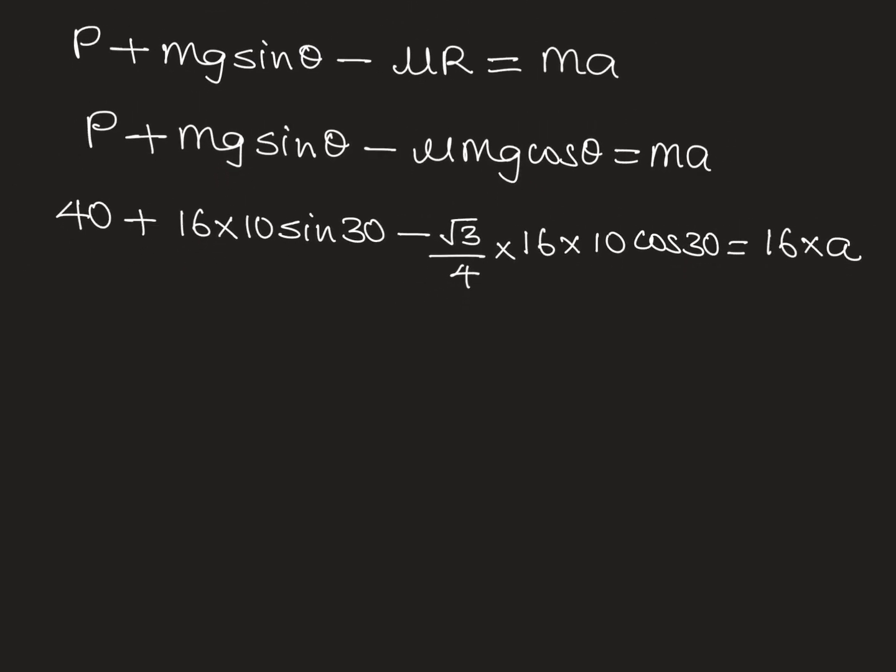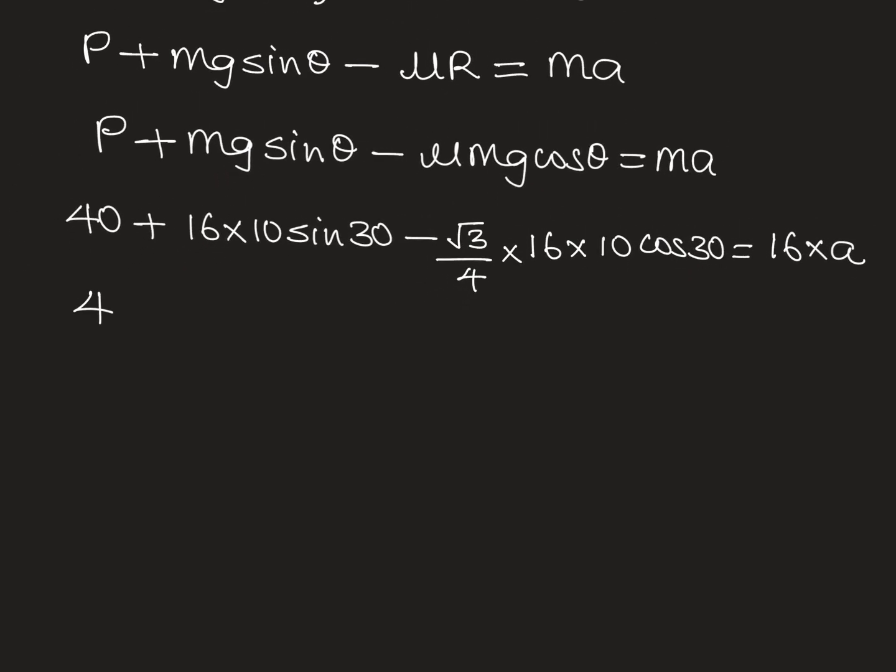So that will be 40 plus 16 times 10, which is 160, so 160 sin 30 is 80, minus 160 cos 30. If you multiply it directly with √3 over 4, you will have 60.